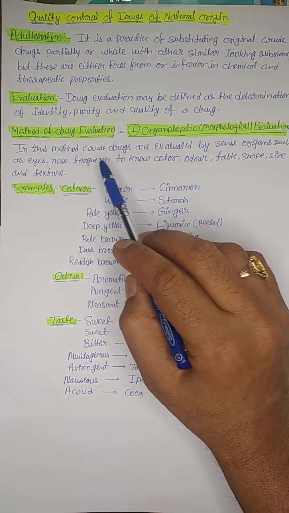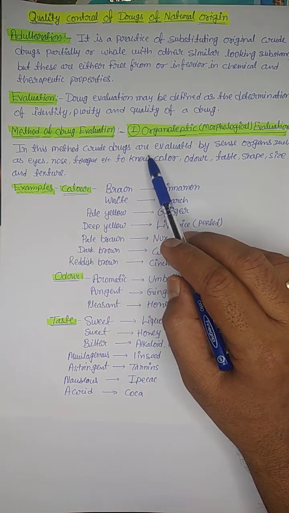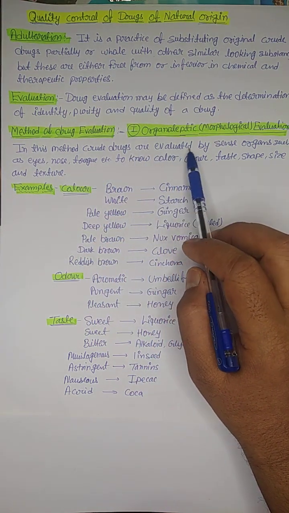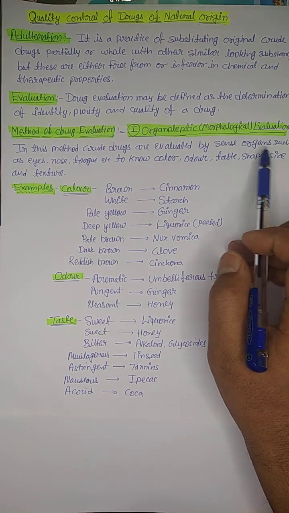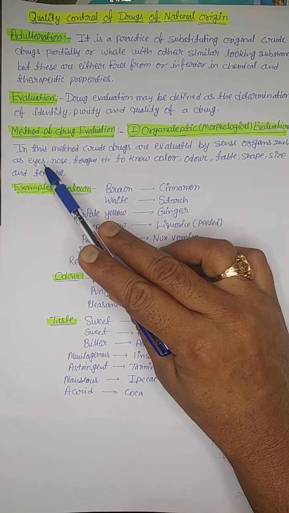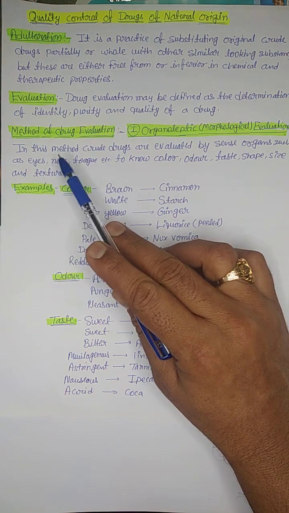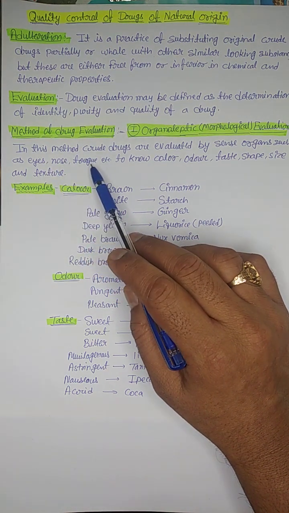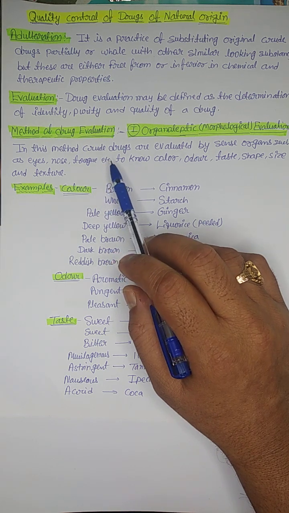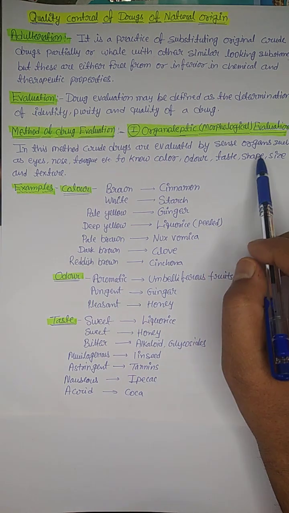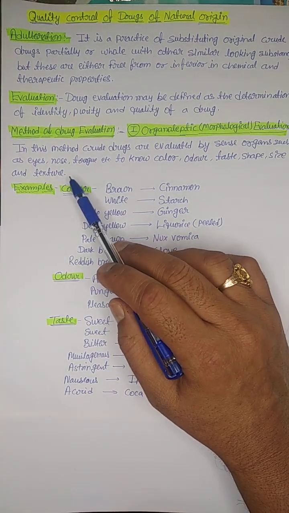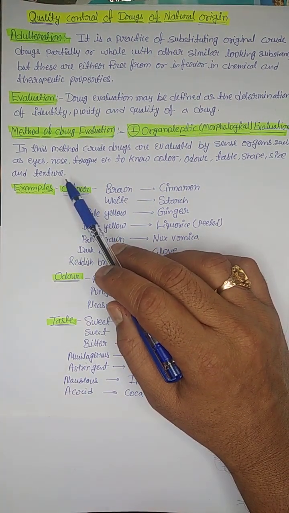In this method the crude drugs are evaluated using the sense organs: by eye we ensure the color, by nose the odor, by tongue the taste, and shape and size again with the eye, to know the color, odor, taste, shape, size, texture, outer appearance or morphology.